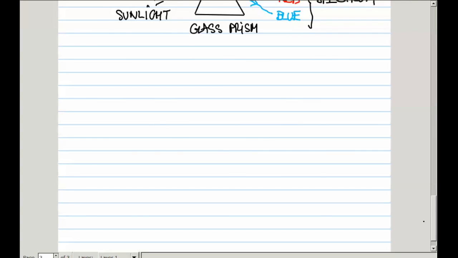Let's look at the reason why the sky is blue. If this is the sun, and on the ground there is a person, here is the person on the surface of the Earth, right?